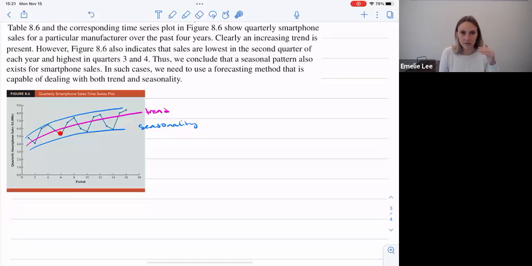When we have this kind of up-down movement, it could be seasonality, or it could just be variability, but knowing something about the data will help us determine which. For example, with quarterly smartphone sales, when do they release new models? Then you're probably going to see an uptick. If there aren't any new models, everyone's just waiting for the new model to come out. Then it comes out and they go buy it, you have this uptick, and then it drops down.